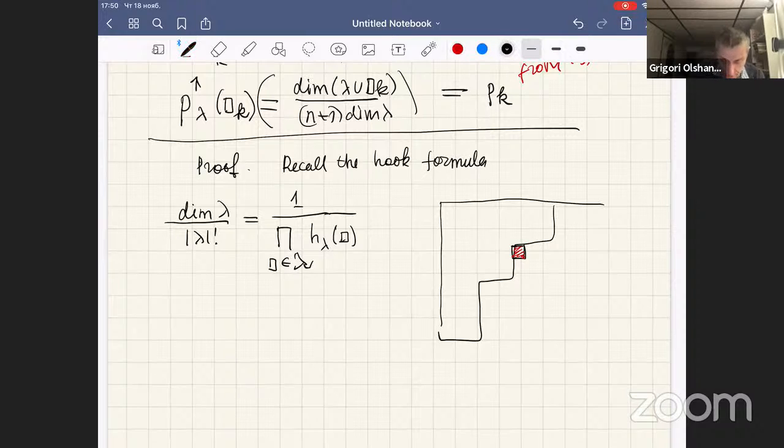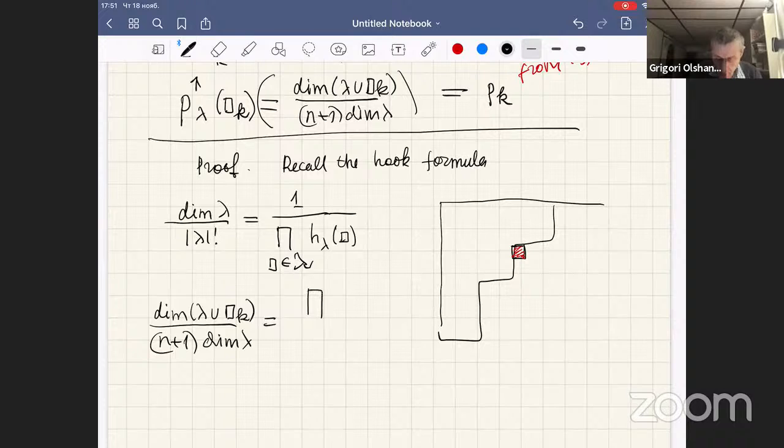So the quantity that we need from the hook formula is the same as the product of the hook lengths.